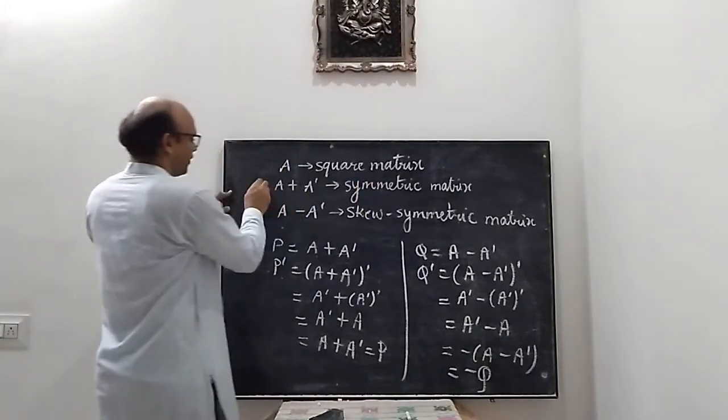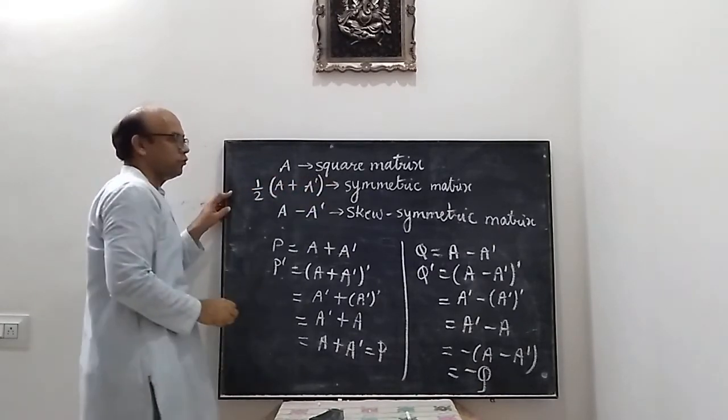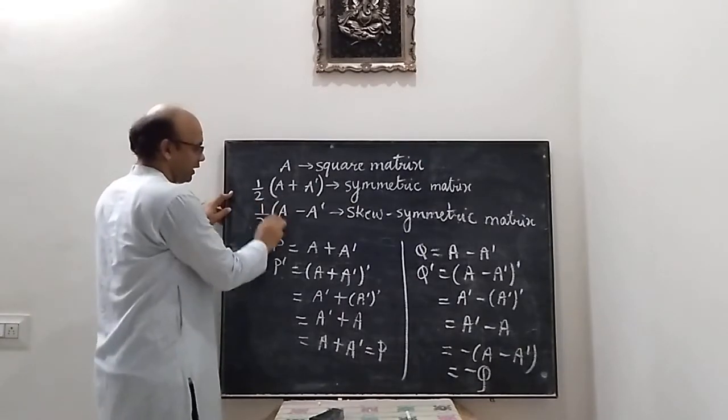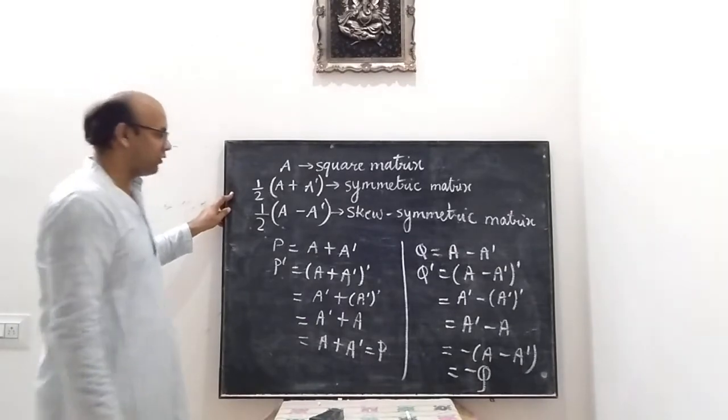So for a symmetric matrix, half of A plus A transpose will still remain a symmetric matrix. If you take half of A minus A transpose, that will remain a skew symmetric matrix.